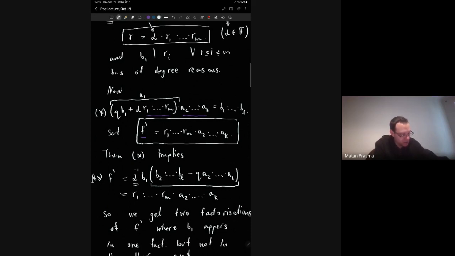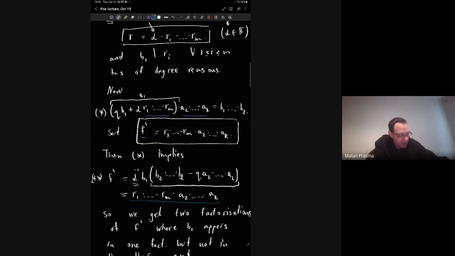Now, this blue part is a product of prime and monic polynomials that is equal to F prime.